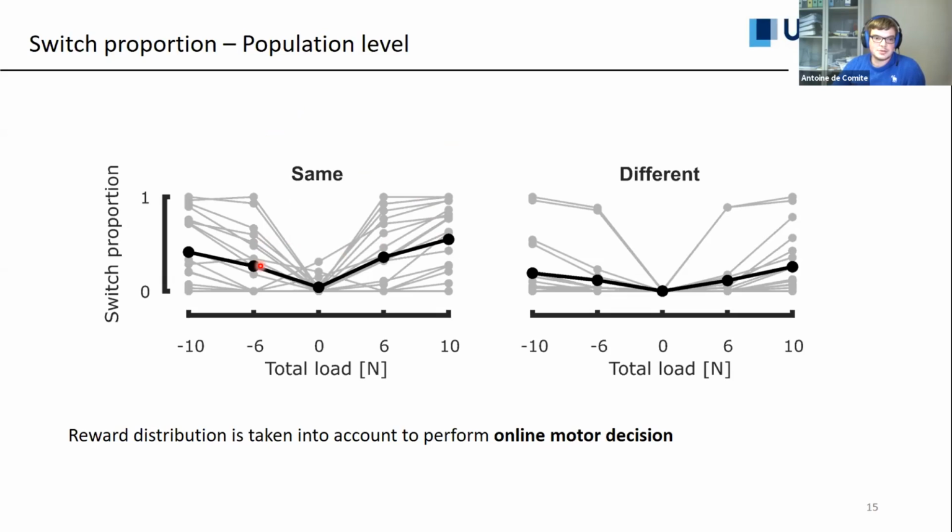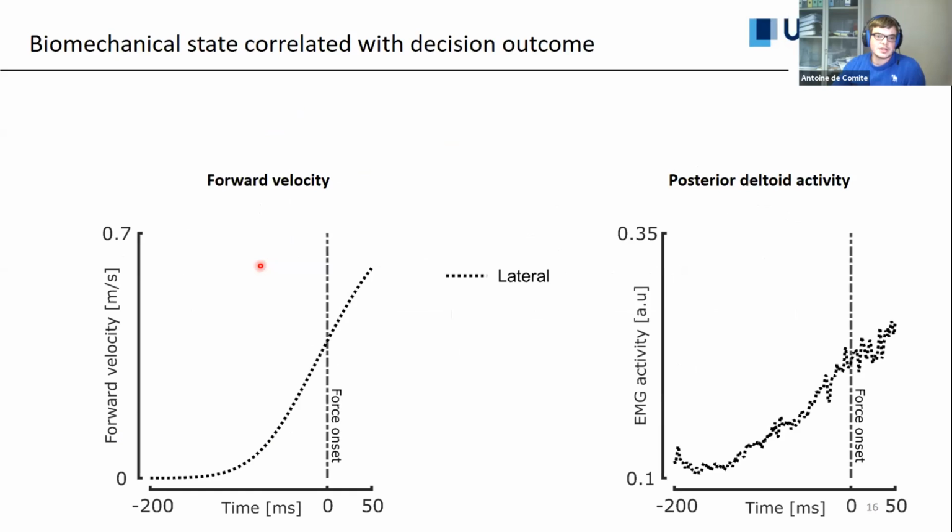We wanted to see whether, before the perturbation, it could be possible to know what the subject is going to do. To do that, we look at what is happening before the perturbation onset, and we gather together all the trials that go to one of the two lateral targets and all the trials that go to the central target.